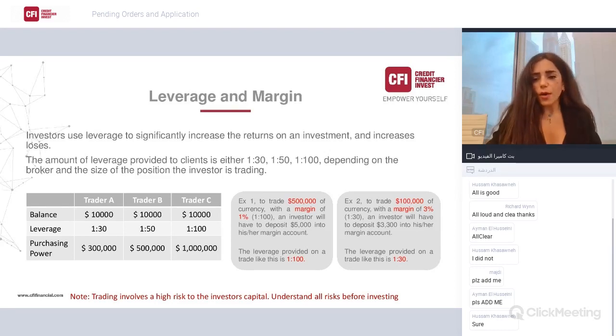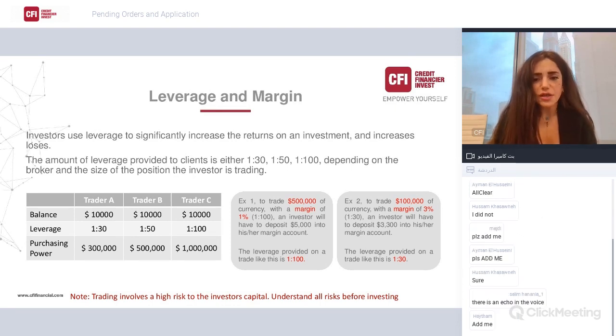Let me go on so that we don't waste a lot of time. I'll recap a little bit of what we talked about last week. We talked about what leverage is. First of all, we defined what the Forex market is and how there is always a seller and a buyer, for it to be as volatile and as high in volume as it is nowadays, 5 trillion volume per day.